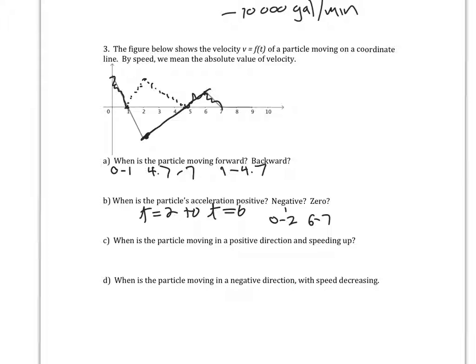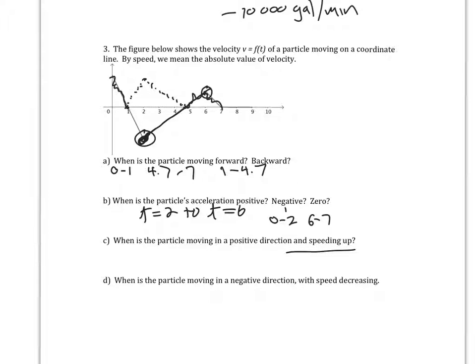Okay, its acceleration is 0 when we just are at these points, like right down here and right here, when we're changing from a negative to a positive acceleration. Okay, so when is the particle moving in a positive direction and speeding up?